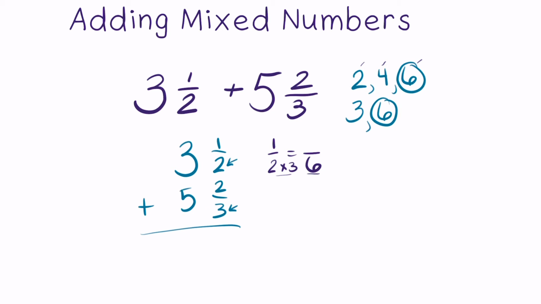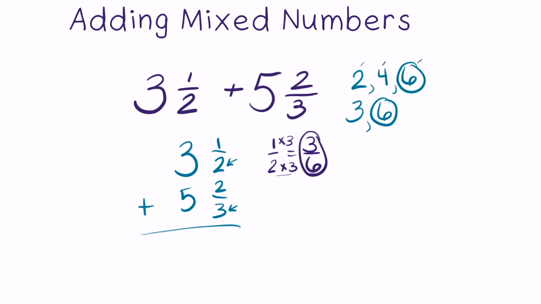Now, when we're finding equivalent fractions, we always have to do the same thing to the numerator as we've done to the denominator. So we multiply 1 times 3 as well. 1 times 3 equals 3. The equivalent fraction of 1/2, represented in sixths, is 3/6.